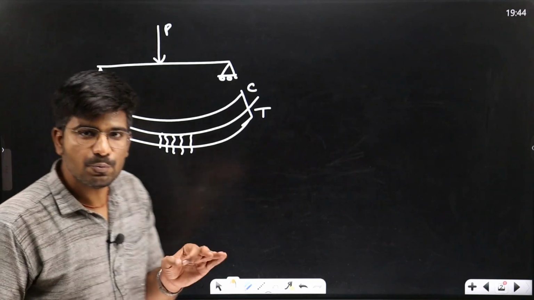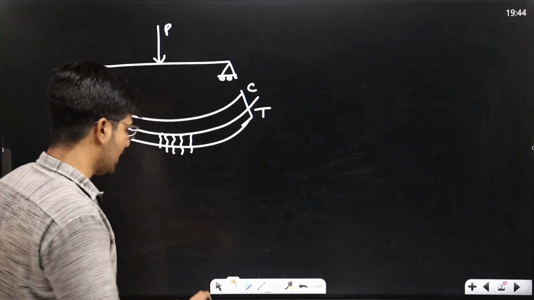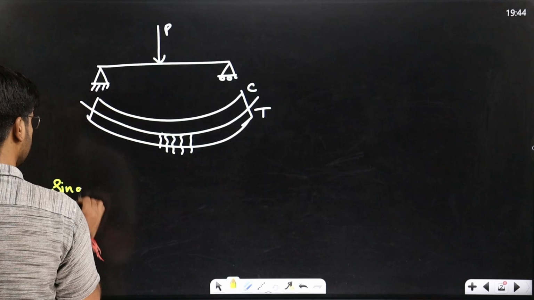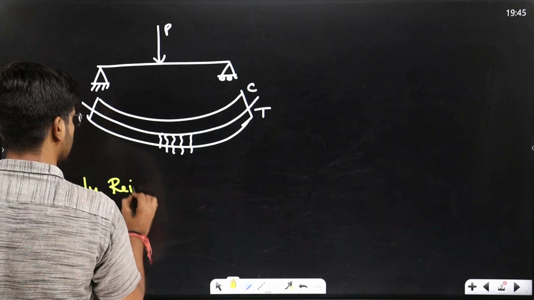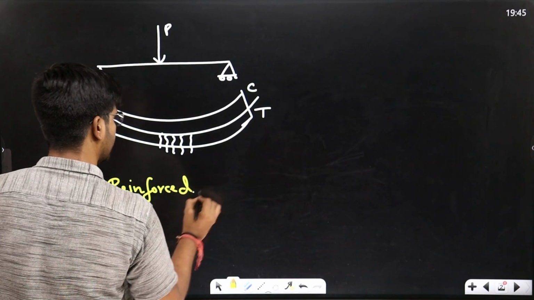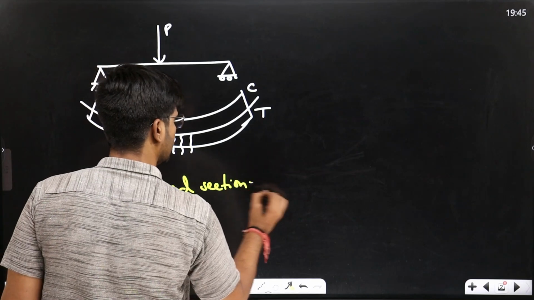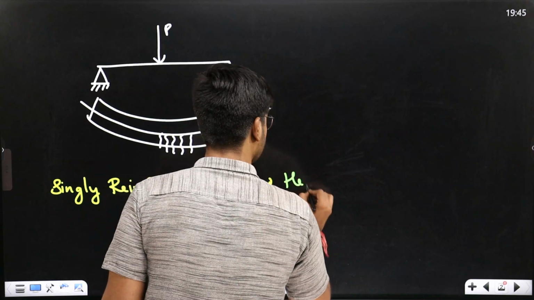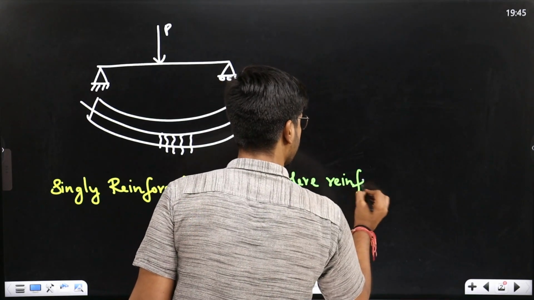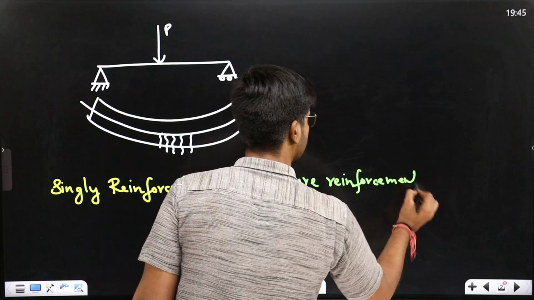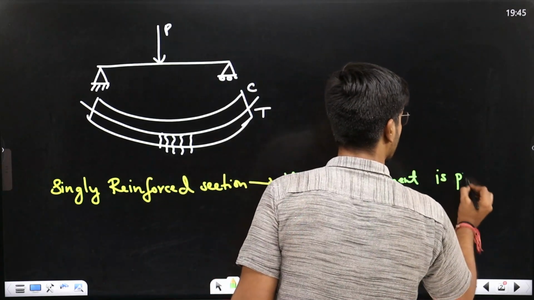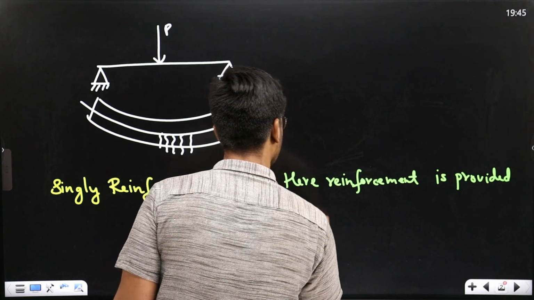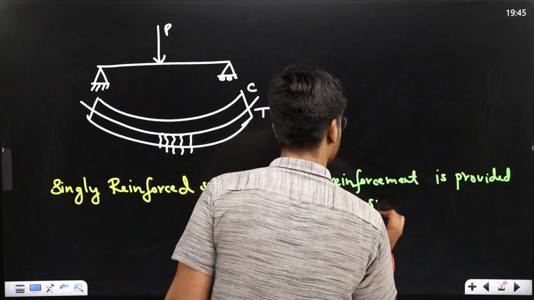What is singly reinforced section? Here I will write it. Singly reinforced section: reinforcement is provided only on tension zone.